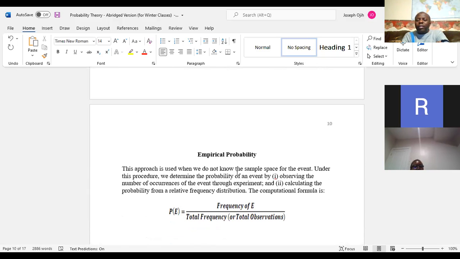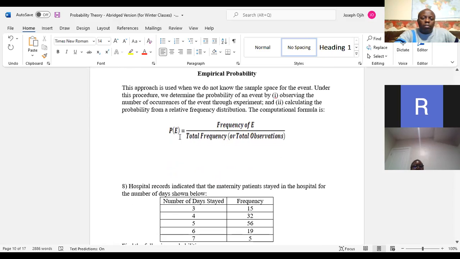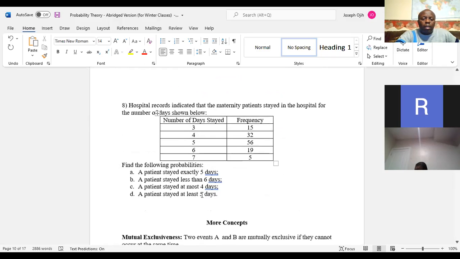Then we calculate the probability from the frequency. We use the frequency of the event and the total frequency, so the probability of event E is the frequency of event E divided by the total frequency.